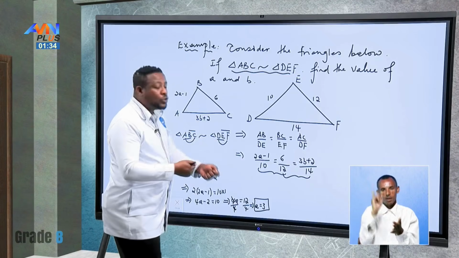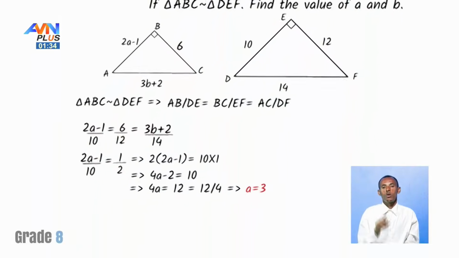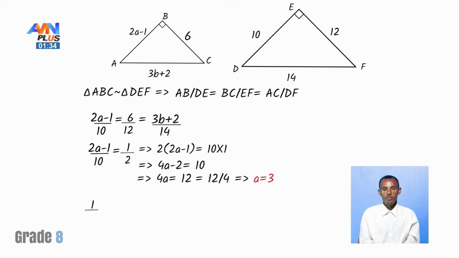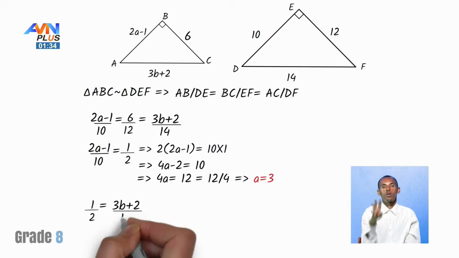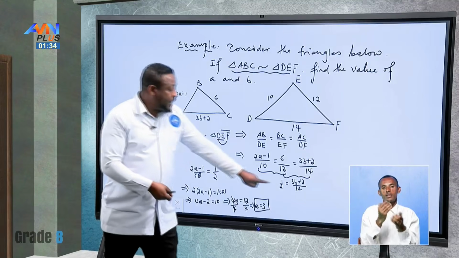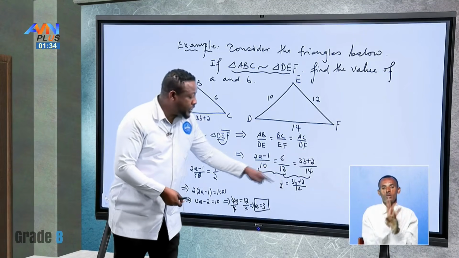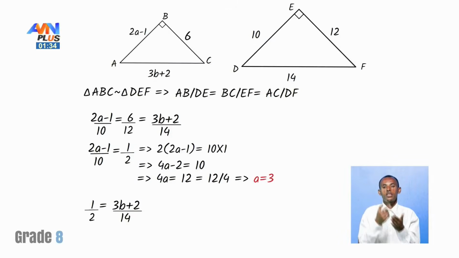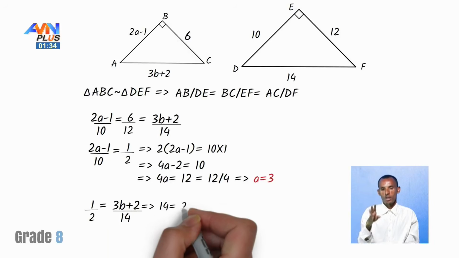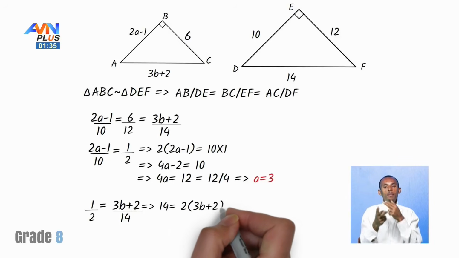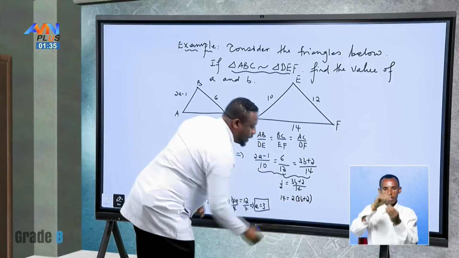Take 1/2, then 1/2 = (3B + 2)/14. Now this makes things easier. And crisscross it, this becomes 14 = 2 times (3B + 2).